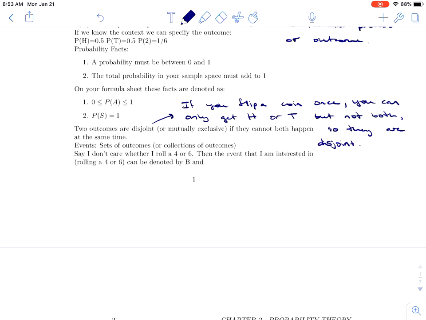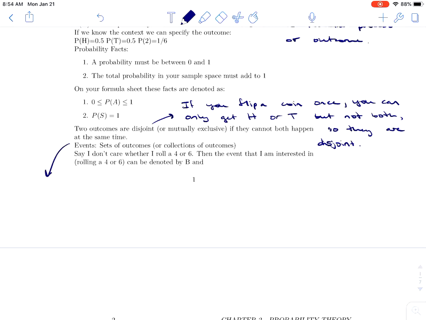Just some more terminology. We'll talk about events. We're not just interested in rolling just a 1, a 2, or 3, or 4, or 5, or 6. Sometimes we might want to know, okay, what's the probability of rolling a 4 or a 6? So I've put money on both of those. What's the probability of either of those happening? Again, they can't happen at the same time, but I might be interested in more than one outcome, and so then I'm interested in an event.